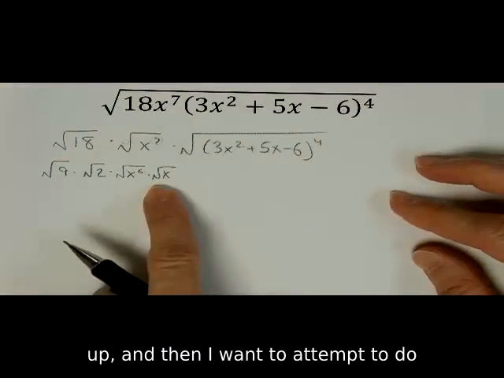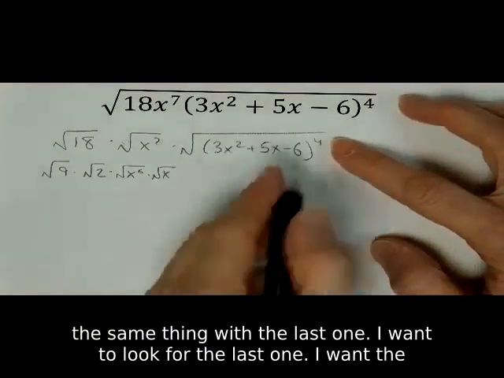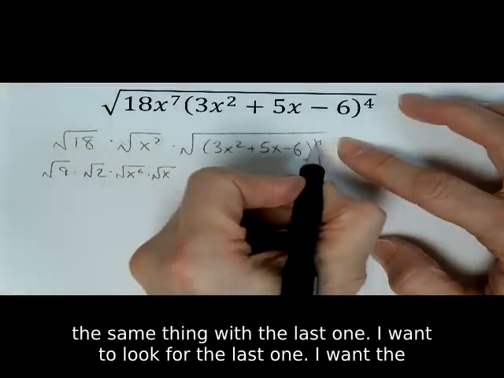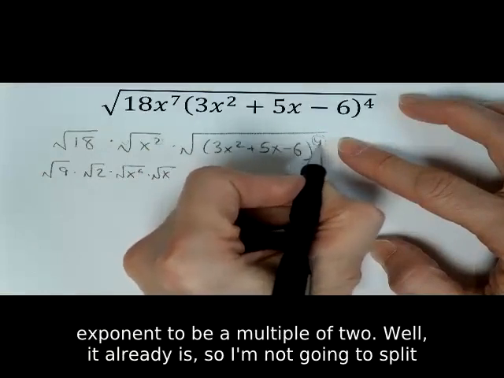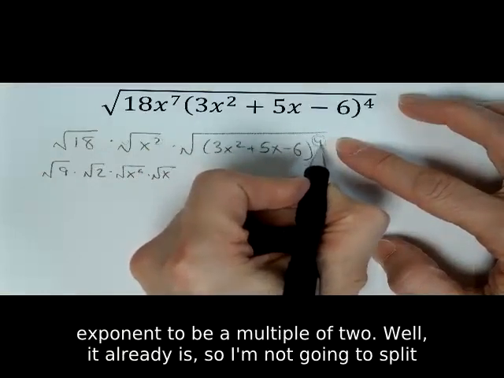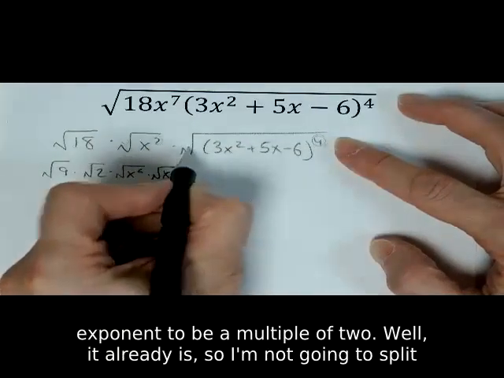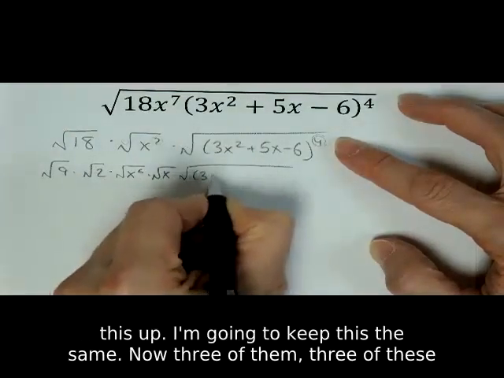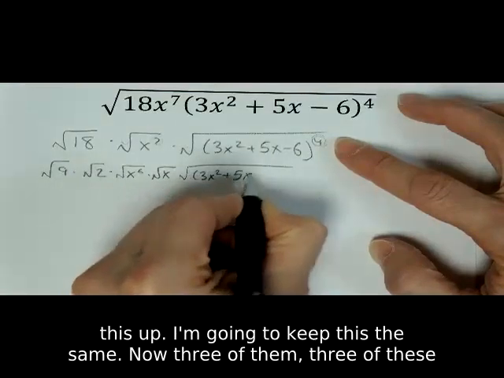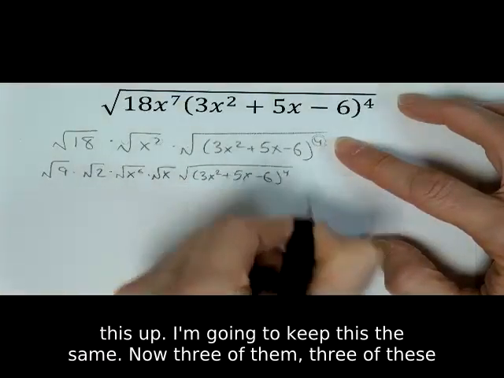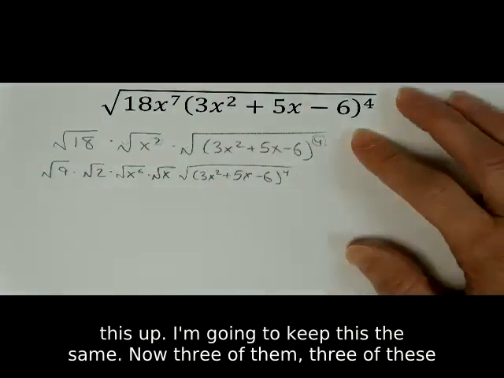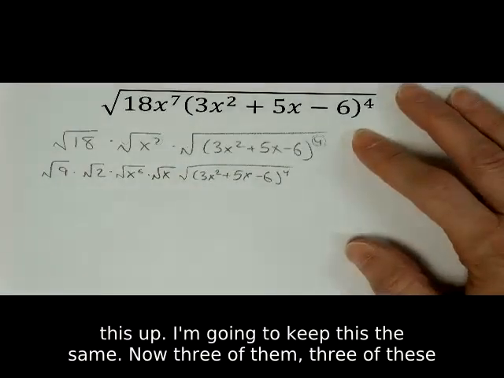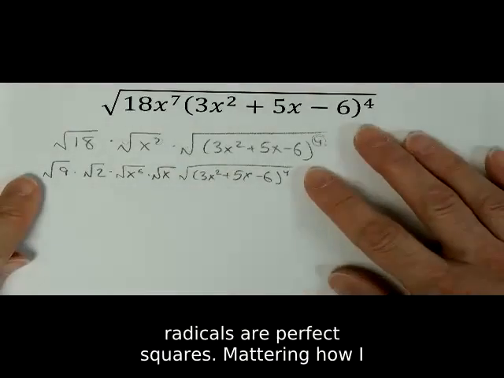And then I want to attempt to do the same thing with the last one. I want the exponent to be a multiple of 2. Well, it already is, so I'm not going to split this up. I'm going to keep this the same. Now, 3 of these radicals are perfect squares.